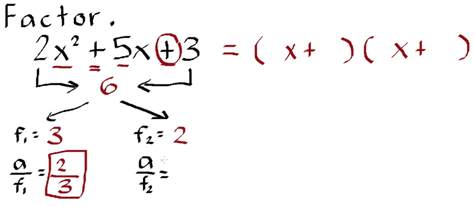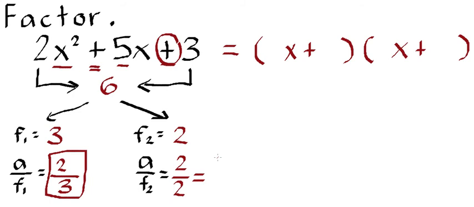So, our A is 2 over our F sub 2 is 2. May GCF ba ang 2 at 2 maliban sa 1? Malo-lowest term pa ba to? Correct. So, 2 over 2 is equivalent to 1 actually. 2 divided by 2 is 1.